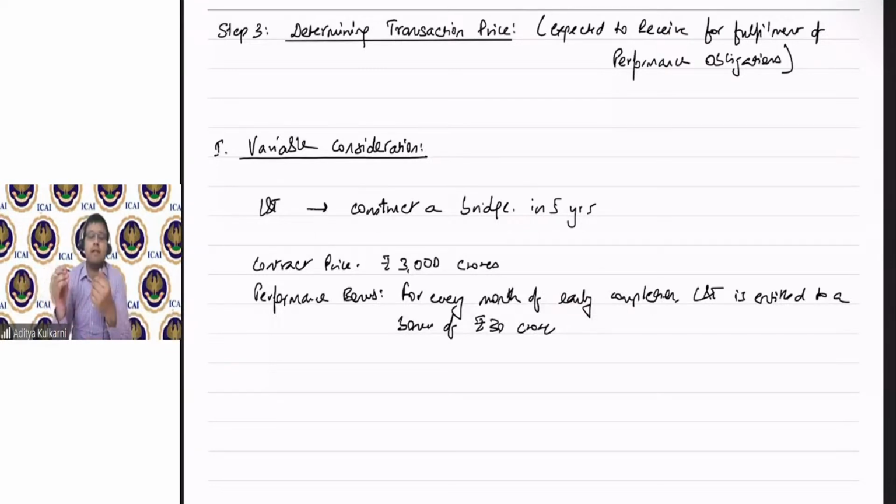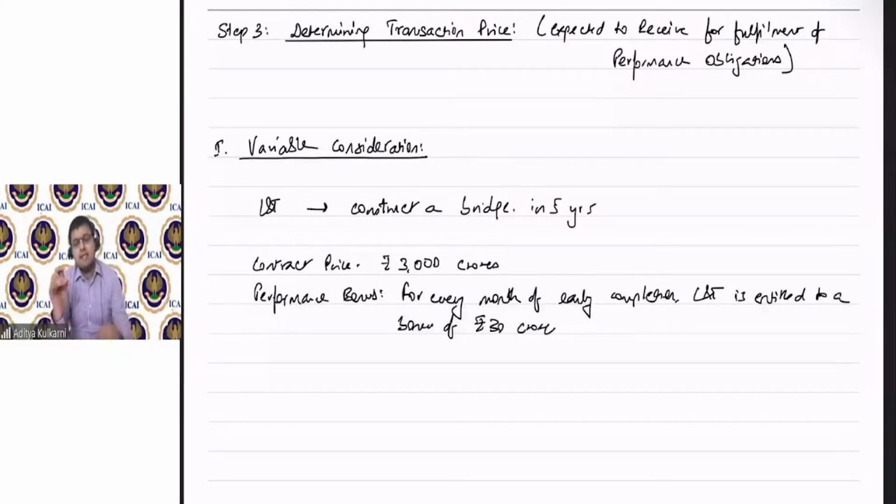If it completes the contract in 59 months, it will get a bonus of 30 crores. If it completes it in 58 months, it will get a bonus of 30 plus 30, 60 crores. If it completes it within 50 months, then 60 minus 50, 10, 10 into 30, it is going to get a bonus of 300 crores. So this is how the contract is structured.